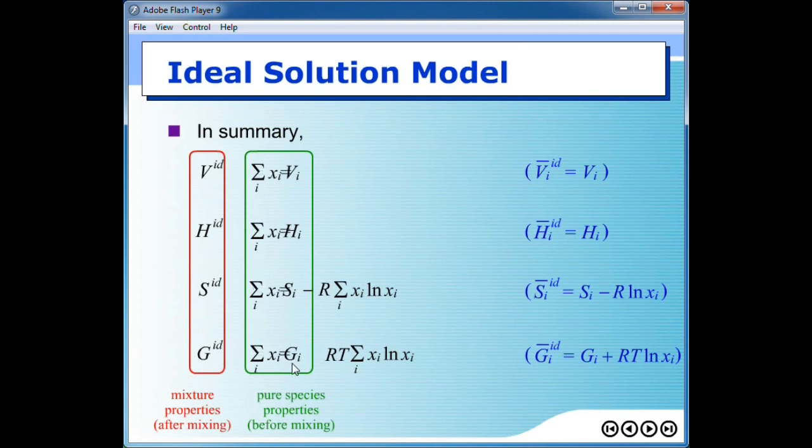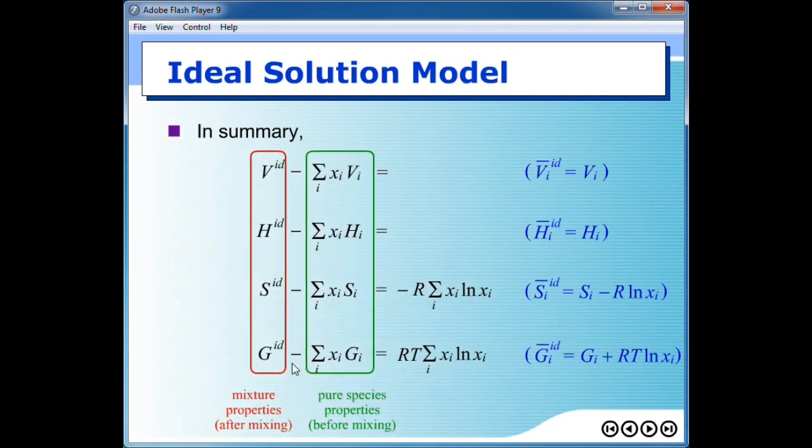So if I rearrange the equation a bit, the mixture after mixing subtracted by before mixing is called the change in properties by mixing. For instance, this one is volume. This is the change in volume by mixing.